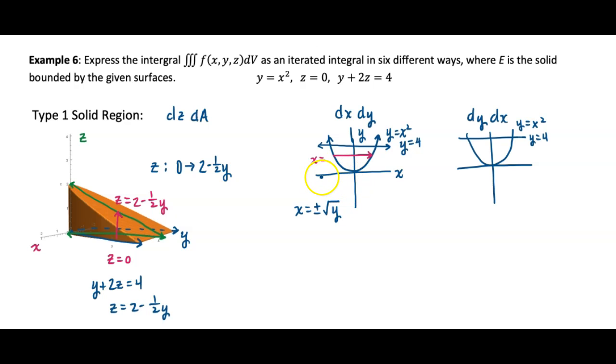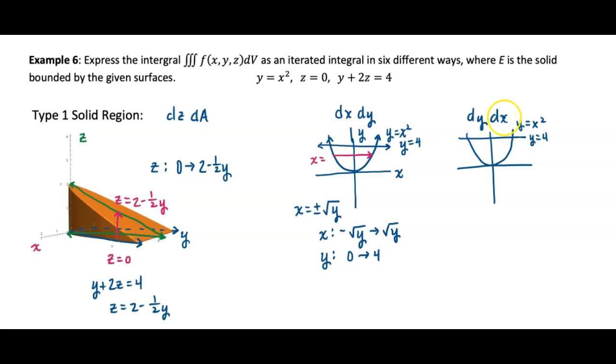When x is negative, it's negative square root of y, and when x is positive in the first quadrant, it's positive square root of y. So our x values go from negative square root of y to positive square root of y. And then our y values are just going to be these constants. Our y ranges from 0 to 4. Not a lot of work there.